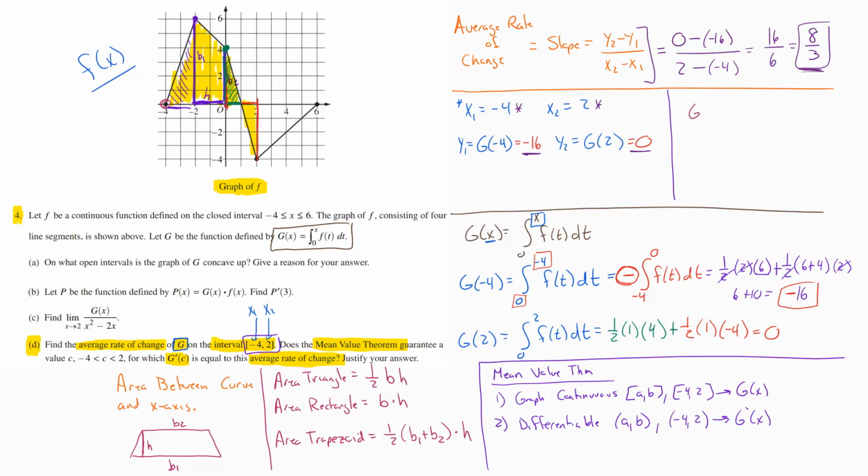We know that g of x is equal to the integral from 0 to x of f of t dt. That we know is continuous. We can look over at our graph of f of t, and there are no breaks in that graph. That graph is complete all the way through. There's no jumps, there's no holes. So we know that yes, it's continuous.